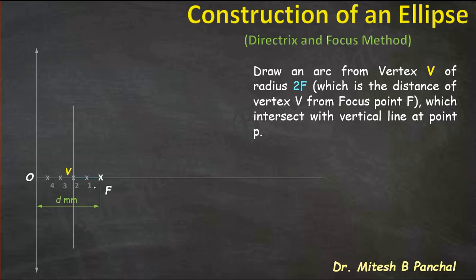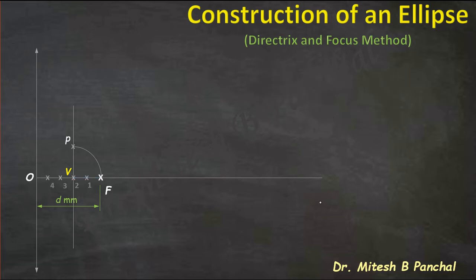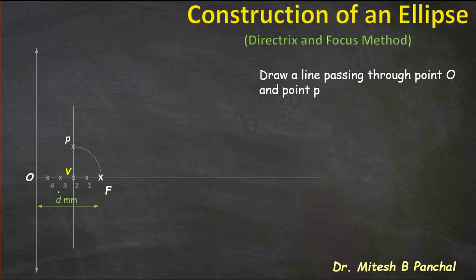With this 2f as radius and V as the vertex, draw an arc which intersects the vertical line passing through vertex V at point P. Now join the line OP. Now draw a line passing through point O and point P.